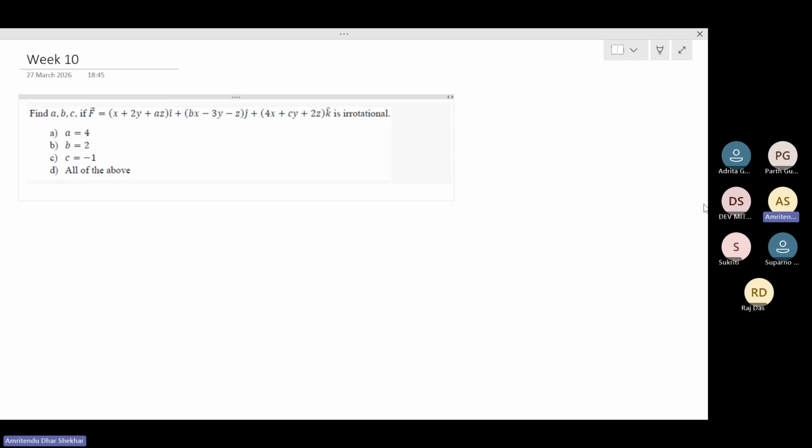What you are given is a vector field, and the question is: is this vector field irrotational?